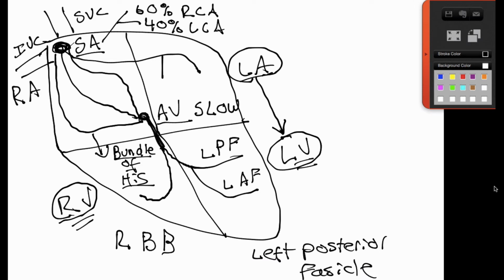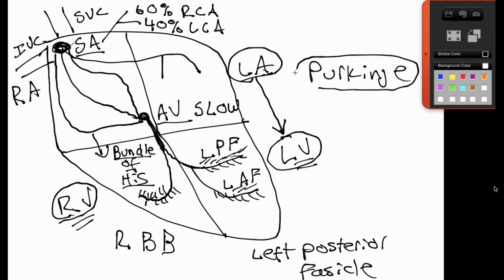So we have now the electrical conduction to the areas we want, but it's not plugged into the muscle. How do we do that? So there are these fibers on the ends of the bundle branches and the fascicles, and this is the Purkinje system.